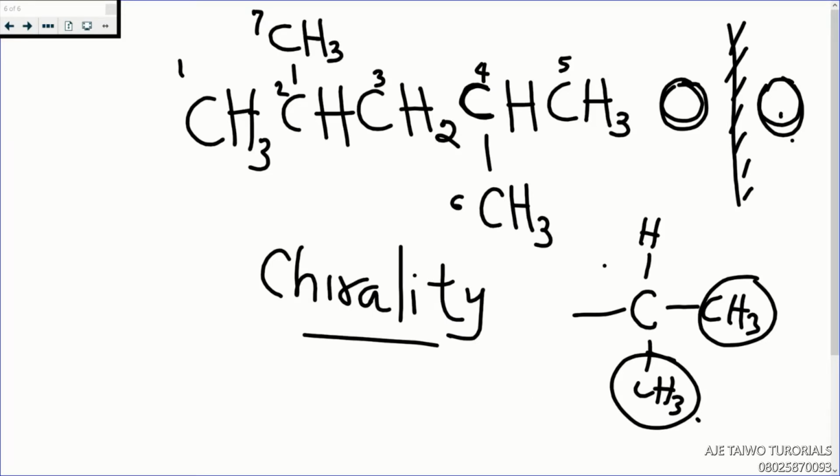Paragraph. A compound with one asymmetric or chiral center exists as two optical isomers.